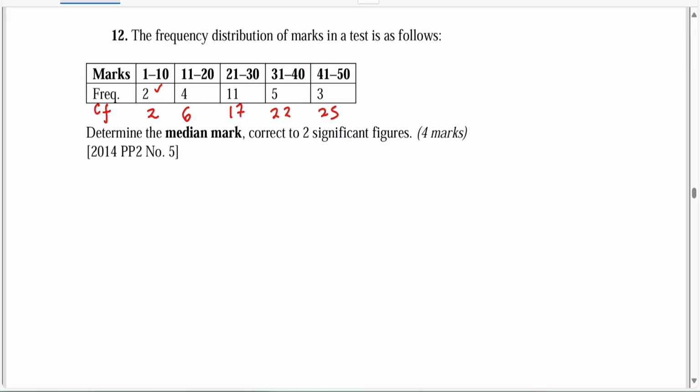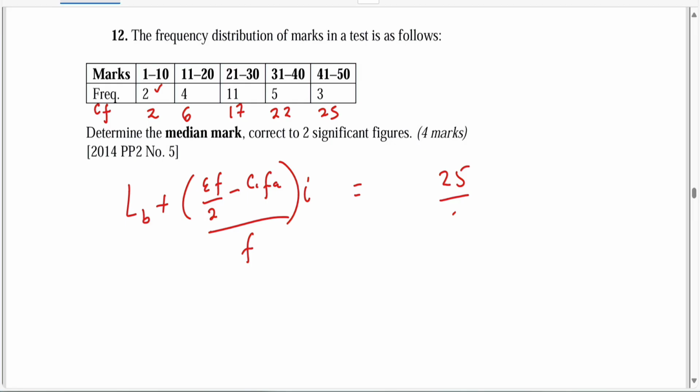So you already know the formula: lower boundary plus sum of f divided by 2 minus cumulative frequency above, divided by f itself, times your class interval. So first you find the lower boundary, and the sum of f is 25, divided by 2, minus the cumulative frequency above.